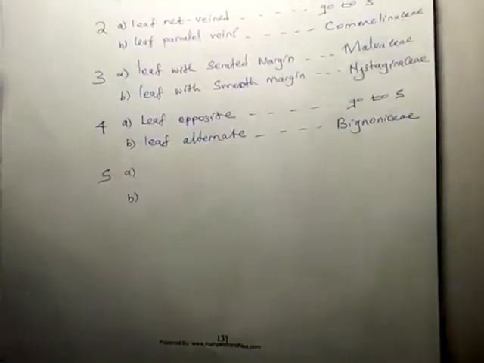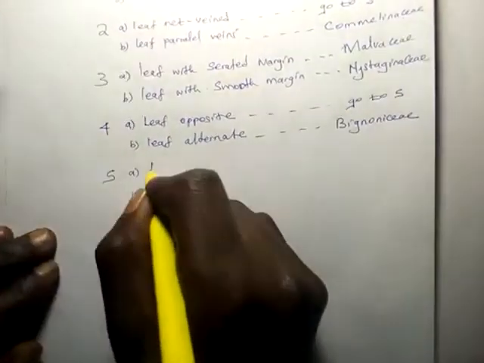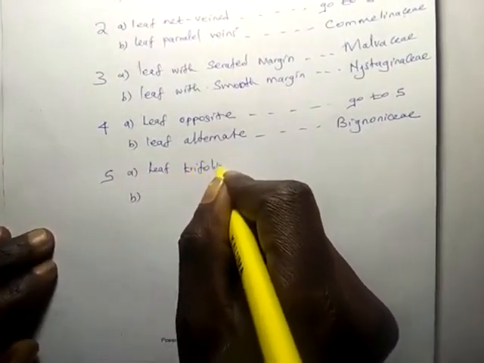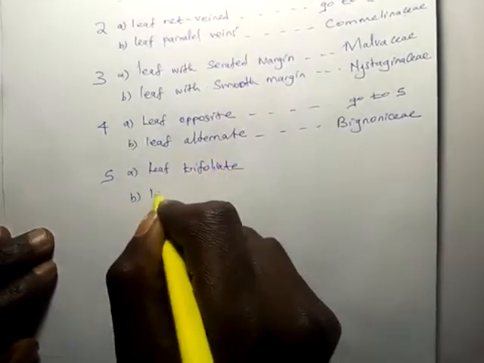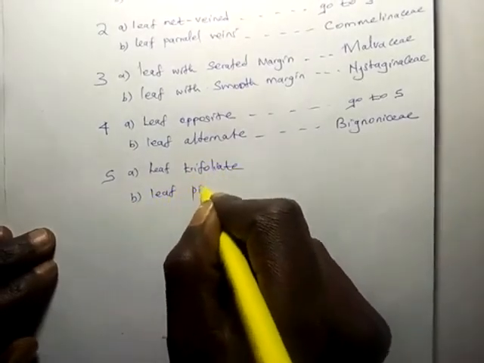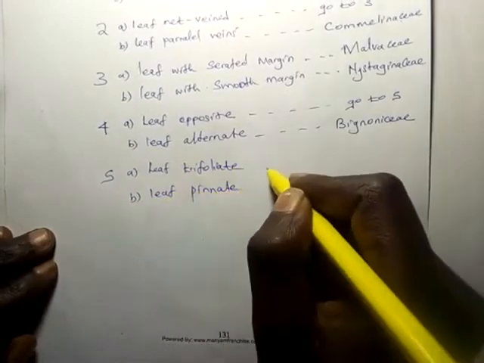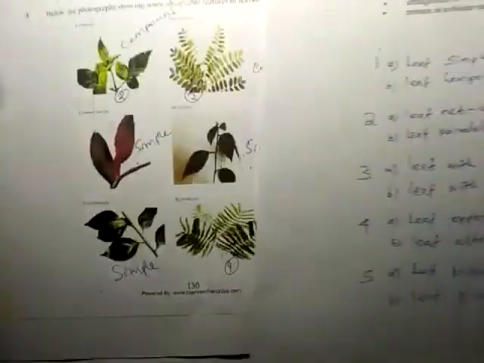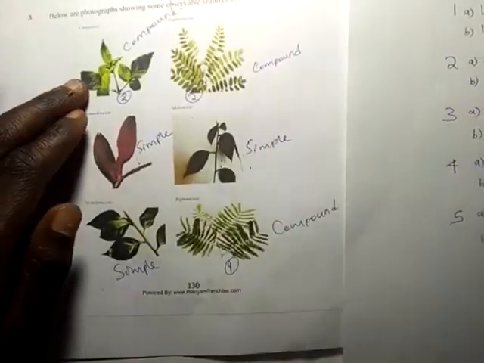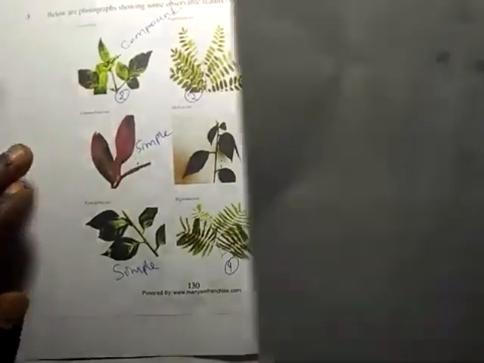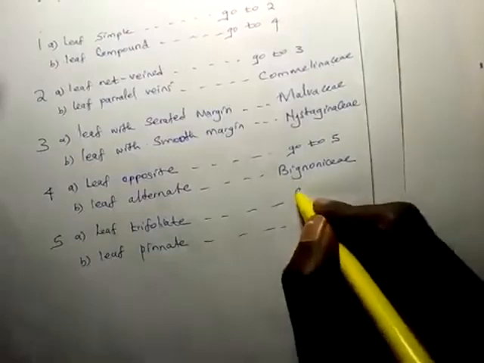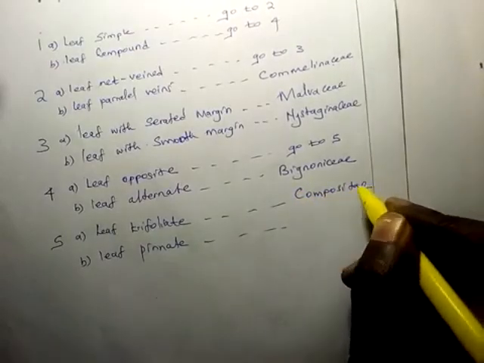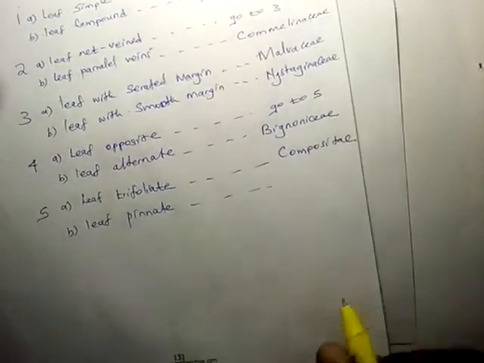I will say leaf trifoliate, and then leaf pinnate. Now automatically you write the names: the leaf trifoliate is the Compositae, and the other one is Papilionaceae.